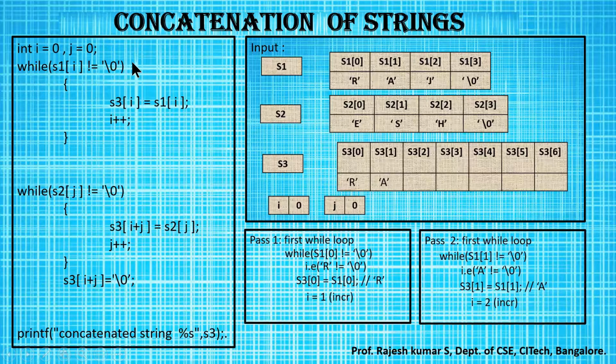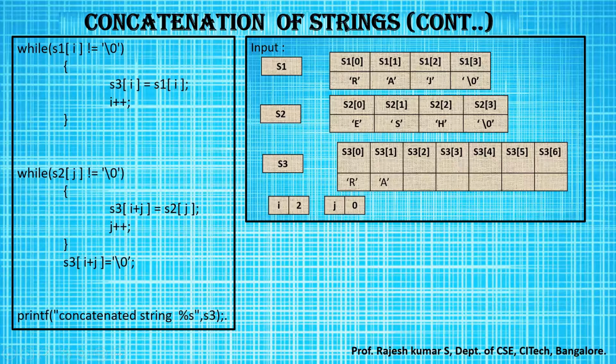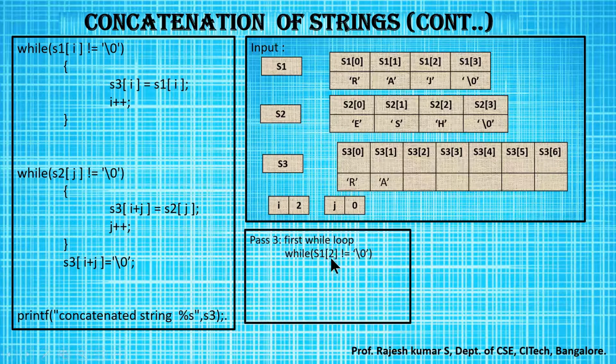When I value becomes 2, again I will loop back. So when I value is 2, I'm checking S1 of 2 not equal to null. What is S1 of 2? J. Is J not equal to null? Yes, J is not equal to null. When the condition is true, I'll come inside this while loop. This value is accessed and stored in this particular location.